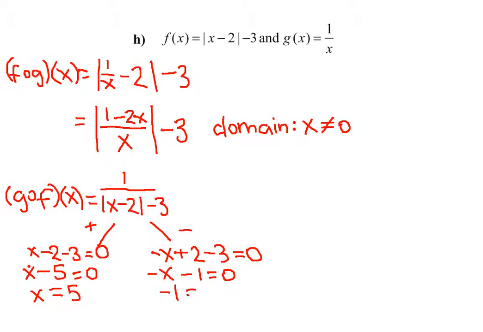So negative 1 equals x. So now we know when x is 5 and when x is negative 1, the denominator will equal 0. So now we can write for our domain that x cannot equal 5 or negative 1.